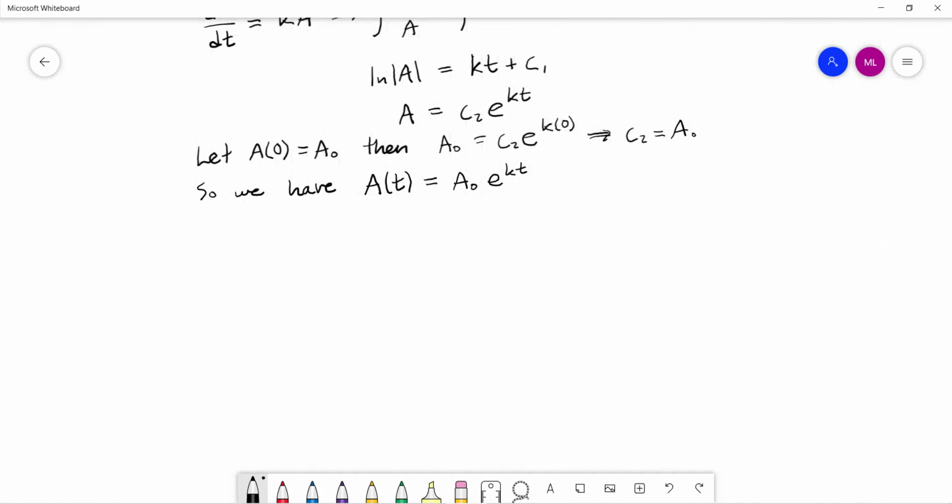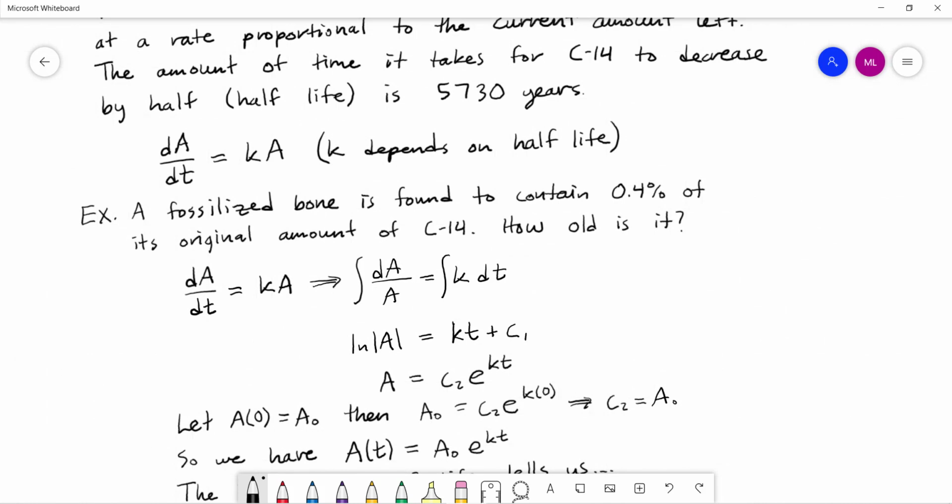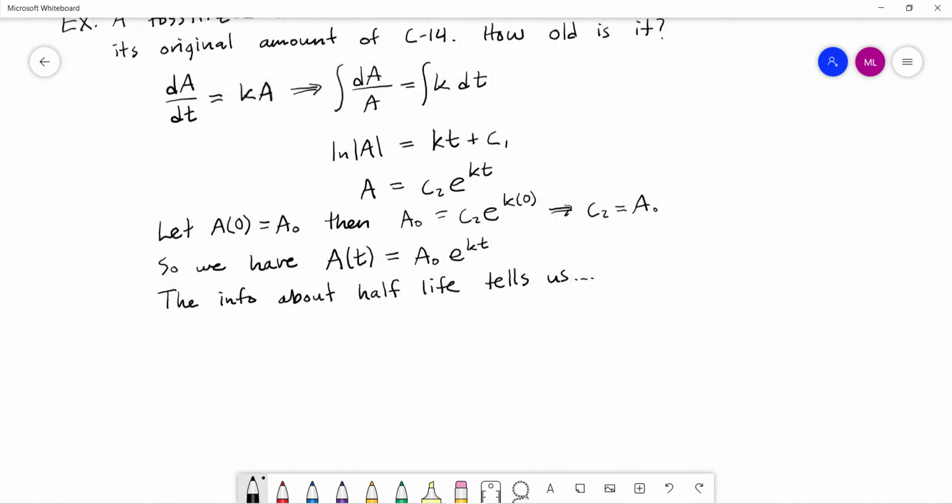The information about the half-life tells us the following. It tells us that after 5,730 years, we should have half the original amount of carbon-14. So if the original amount was A0, after 5,730 years, we should have A0 divided by 2.